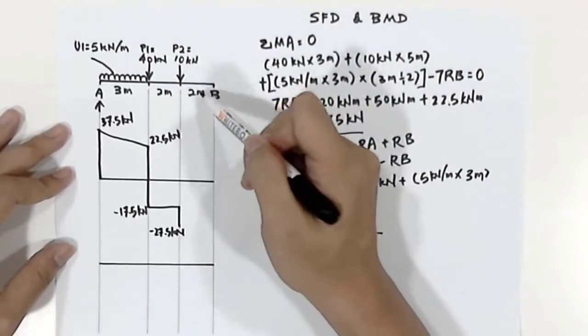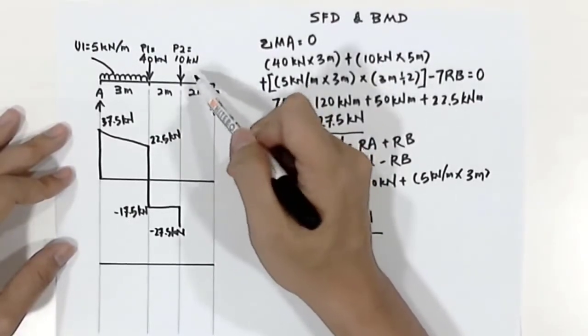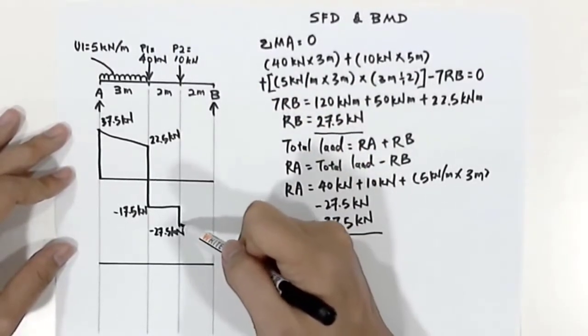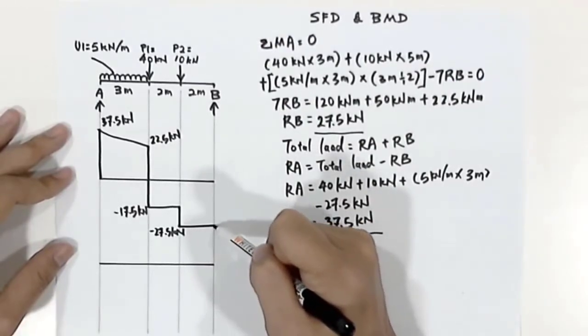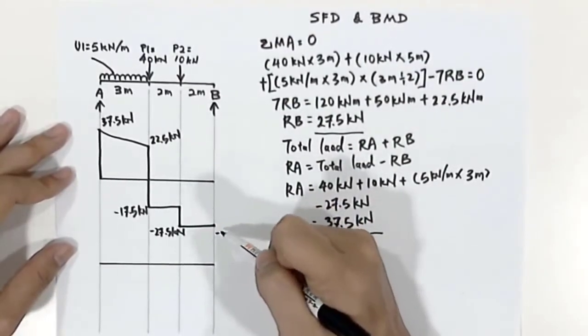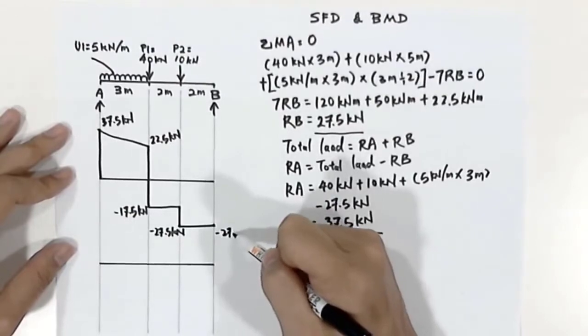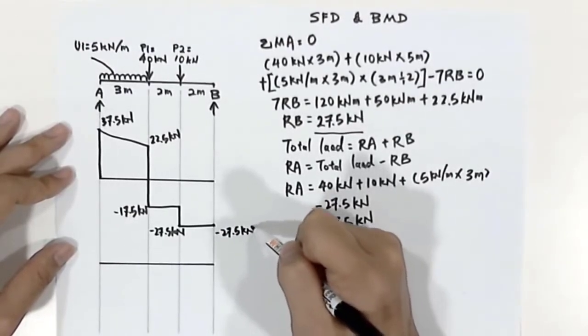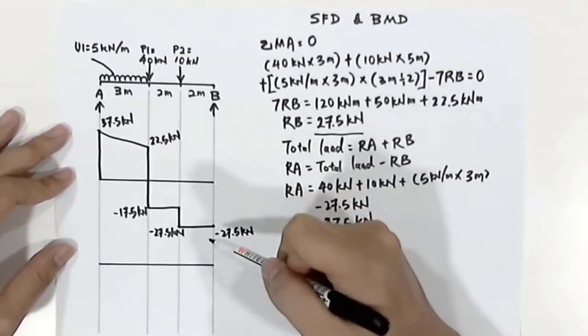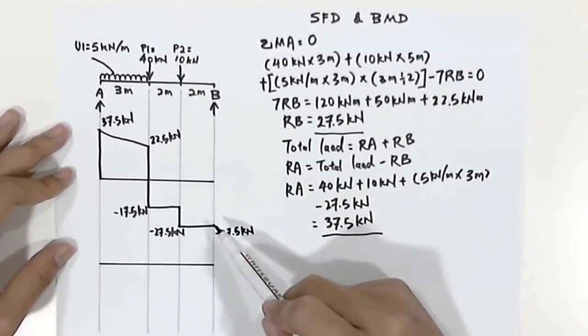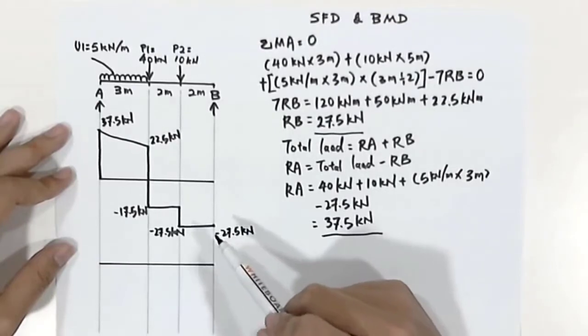And again, there are no more loads acting on the last band. Therefore the shear force diagram stays the same, and it is still negative 27.5 kilonewton.